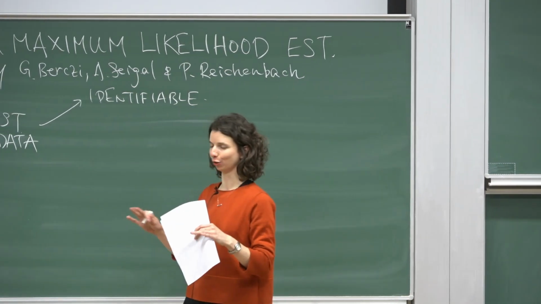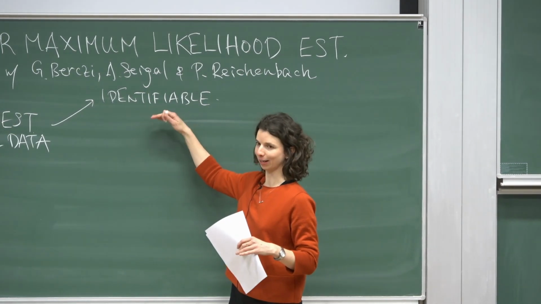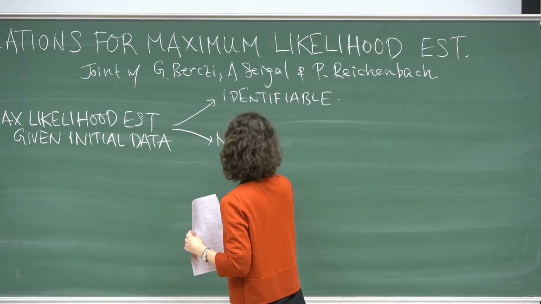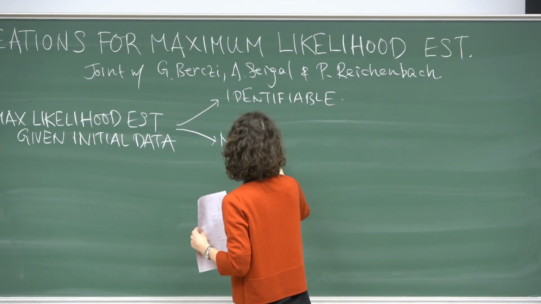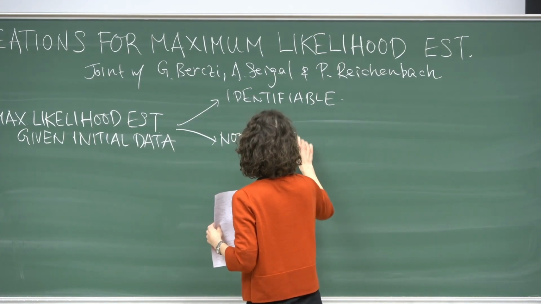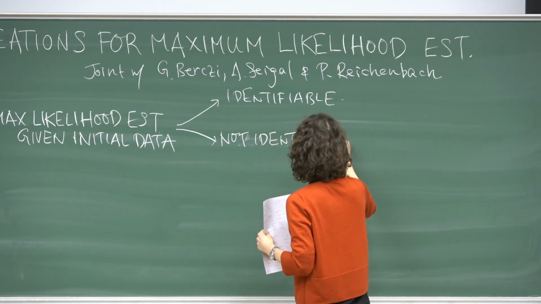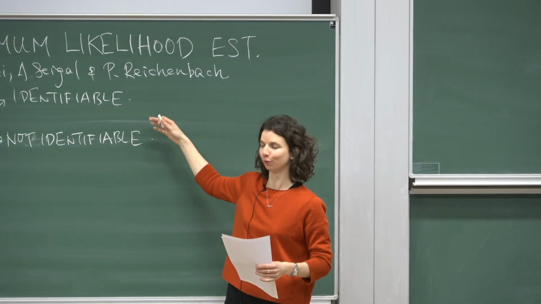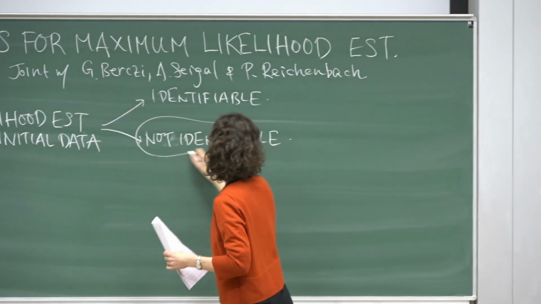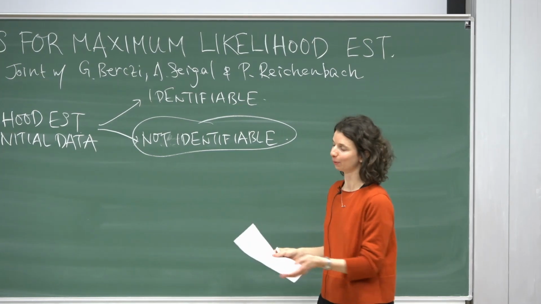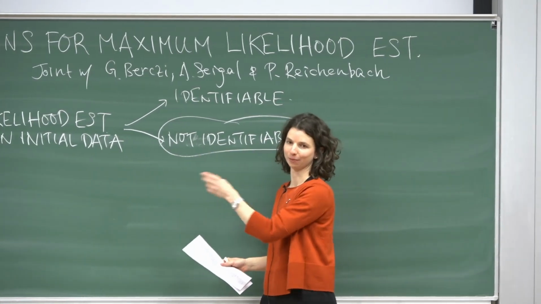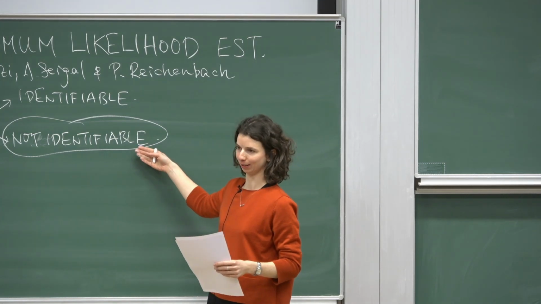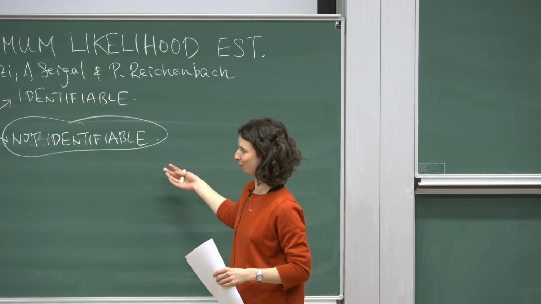I want to package all those situations that aren't "exists and is unique" into one bucket, and I'll say in that case, the MLE is not identifiable. This is the case that's problematic, because ultimately what we want is that unique set of parameters for the model. So the project is really about what to do in the situation where the MLE is not identifiable.